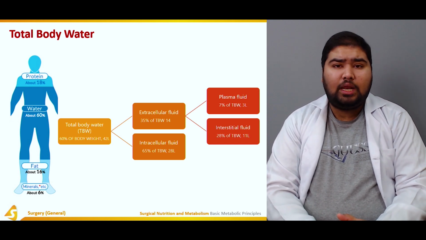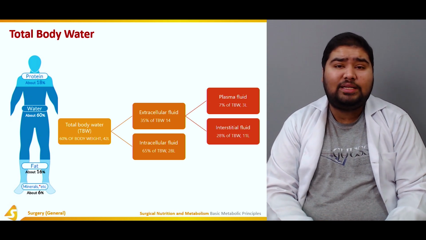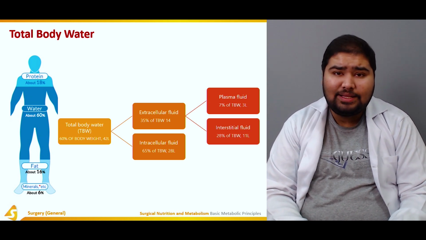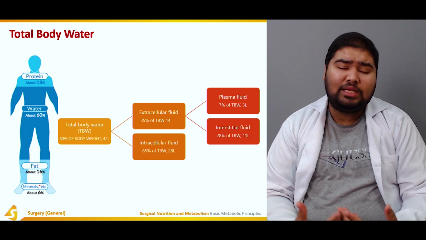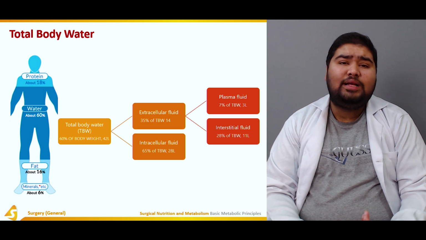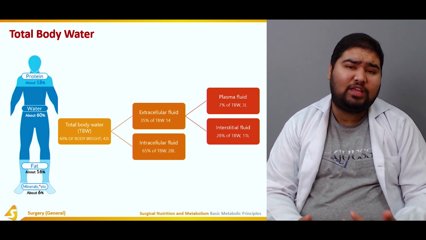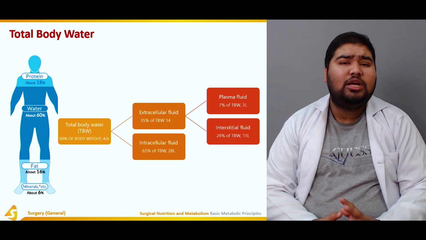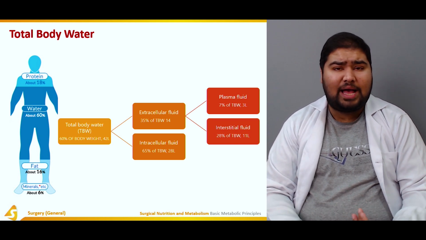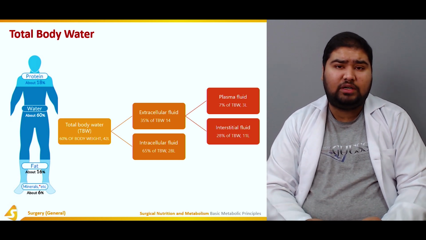The extracellular fluid is the fluid that is present outside the cells, in between them. This fluid is responsible for lubrication of the cells, for signaling, for transport of materials, for carrying out of the waste. So this extracellular fluid performs a variety of functions.